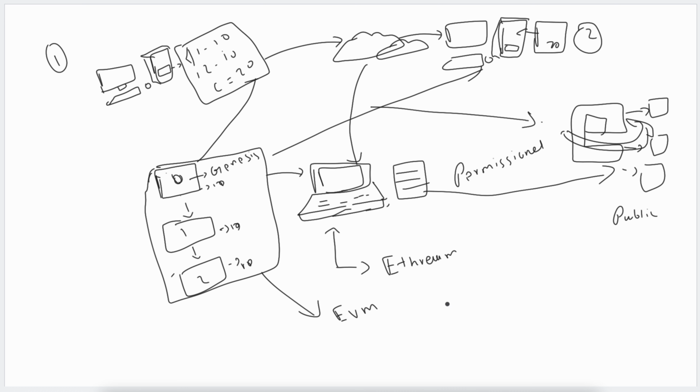This token is called Ether, and this is a native token or native crypto. So this is the whole Ethereum blockchain in simple terms.